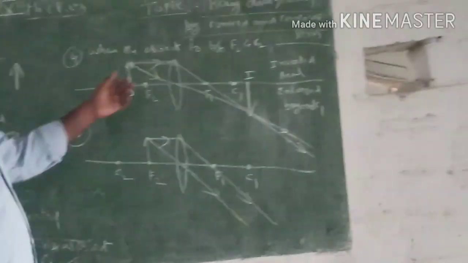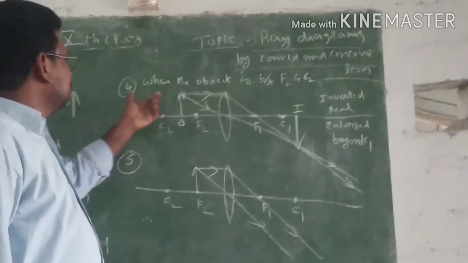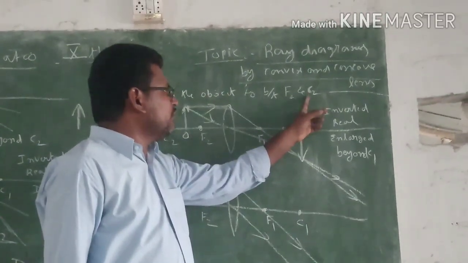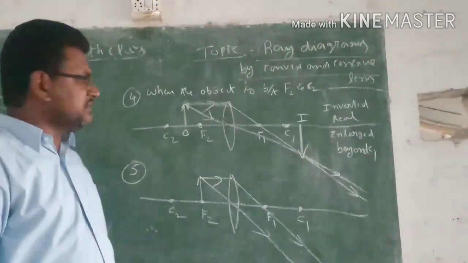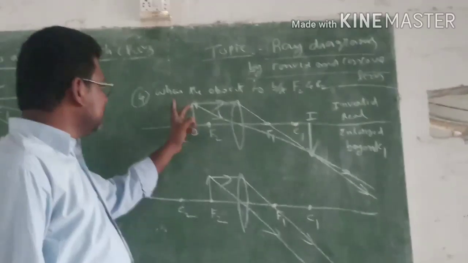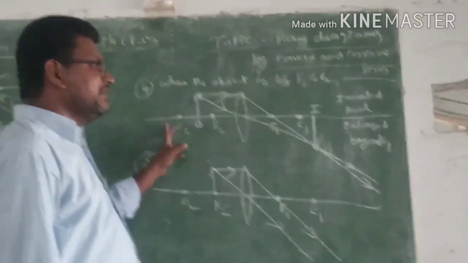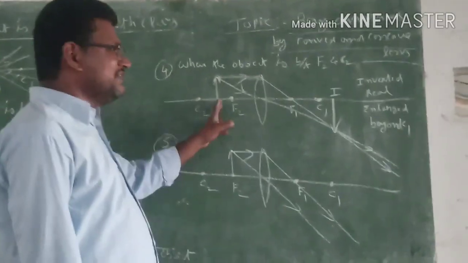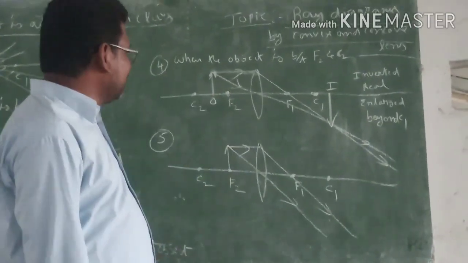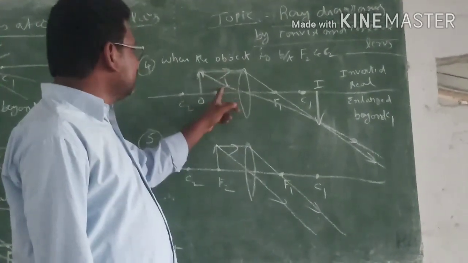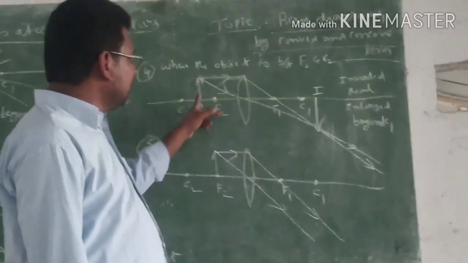Now let's see the case when the object is between the focal length and the center of curvature at one side of a lens. See here, the object is taken between the center of curvature and the focal length. So these are the two incident light rays taken from the object.